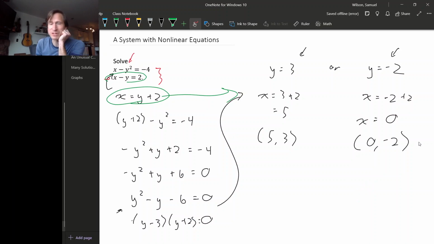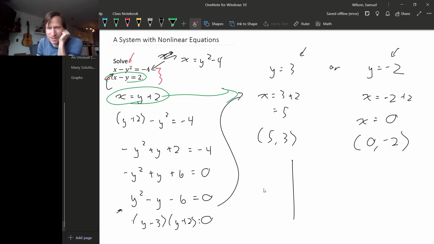Now geometrically, the reason why it's possible to have two solutions is because a nonlinear equation can give you a curve in the xy plane that is much more complicated than a linear equation. A linear equation can only give you a line, but this particular nonlinear equation happens to be quadratic. So it's going to give us a parabola, x equals y squared minus 4.